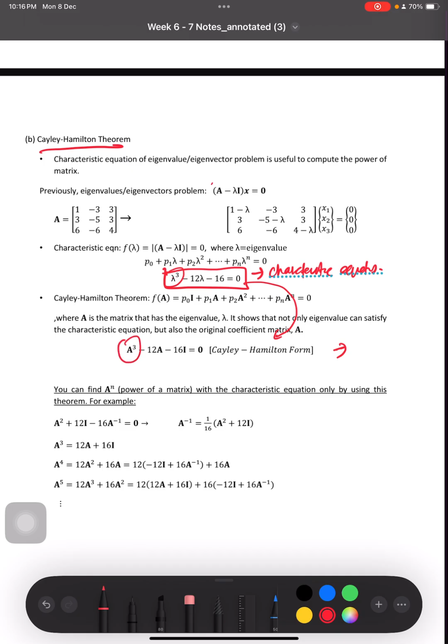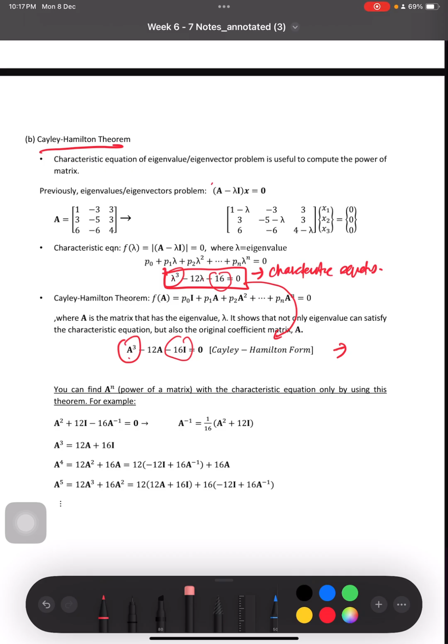So lambda becomes A, and where there is no lambda, you have to multiply with the identity matrix. This is the formula that Cayley-Hamilton gave. So from the characteristic equation, you can transform into a matrix like this.